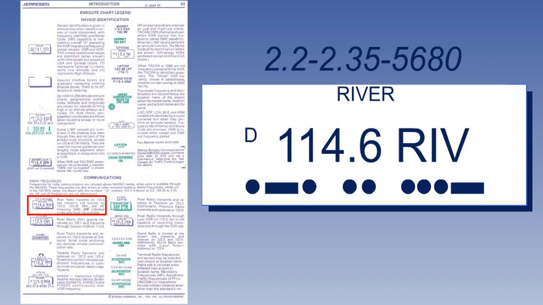Thus, 122.2 is shown as 2.2, and 122.35 is shown as 2.35. HF and LF frequencies are not abbreviated. Once you have understood this, turn to the top of page 54 for the continuation of this section.